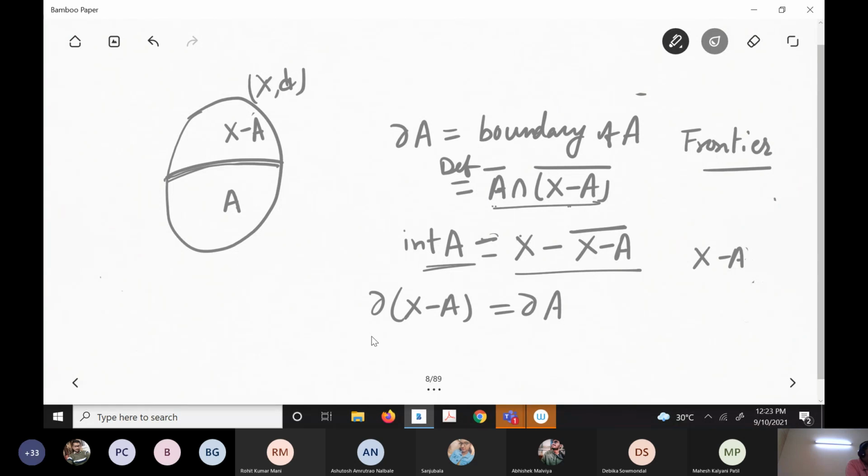Now I'm talking about convergence of sequences. But why do I need convergence of sequences?